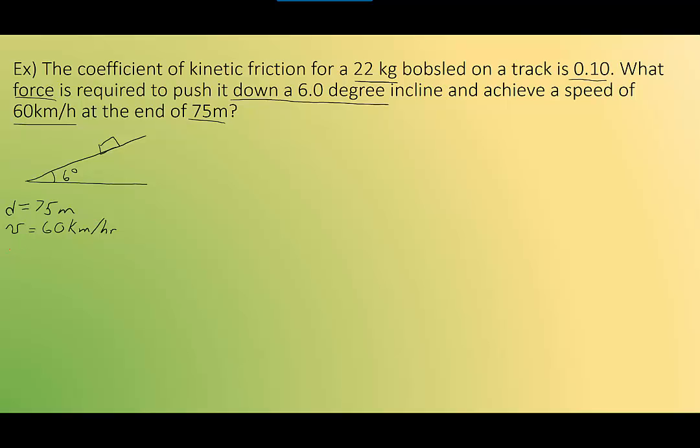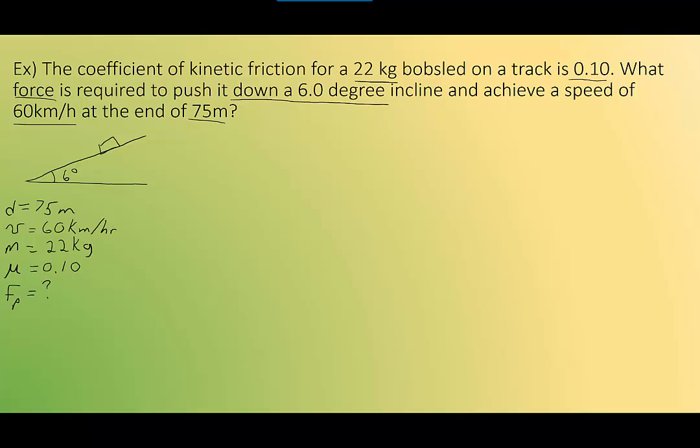We know that the mass is 22 kilograms. We know that the coefficient of kinetic friction, mu, is 0.10. And we know that we are looking for the push force that would allow this to happen. A lot of information, some of it doesn't necessarily seem to be all that related.